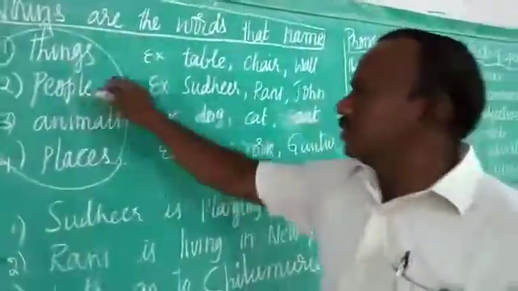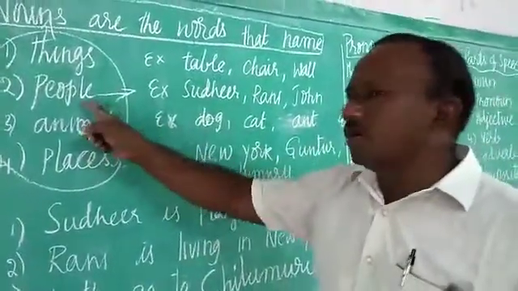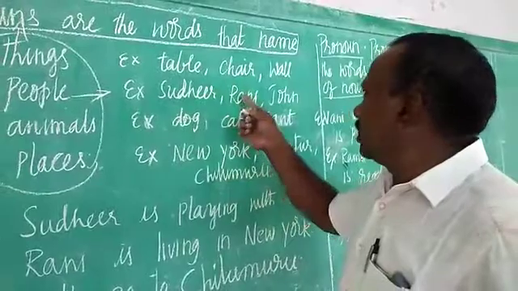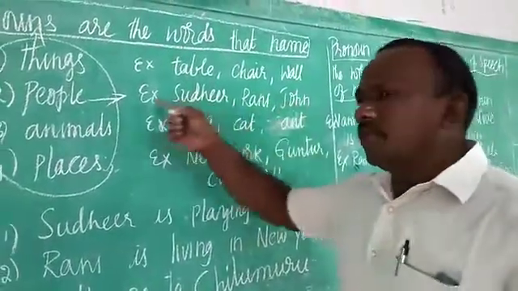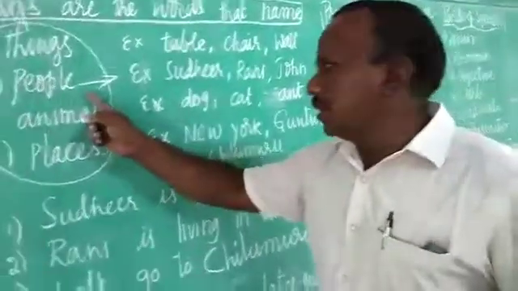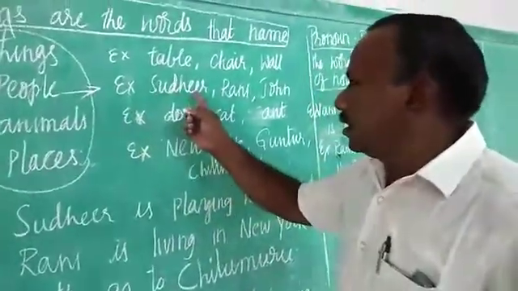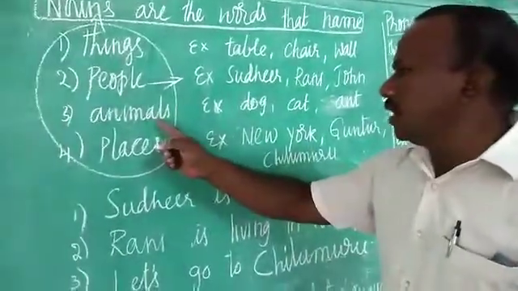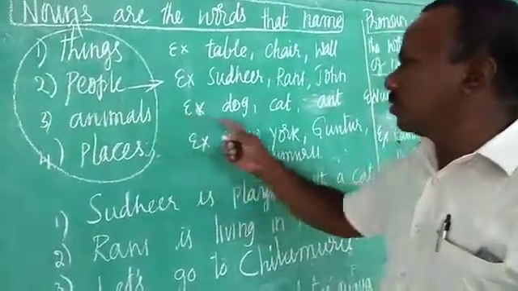And next one is people. When you talk about people here, children, you can take Sudhir, Rani, John. So names of all the persons will come under people. Next one, here we have animals. All the animals, children.